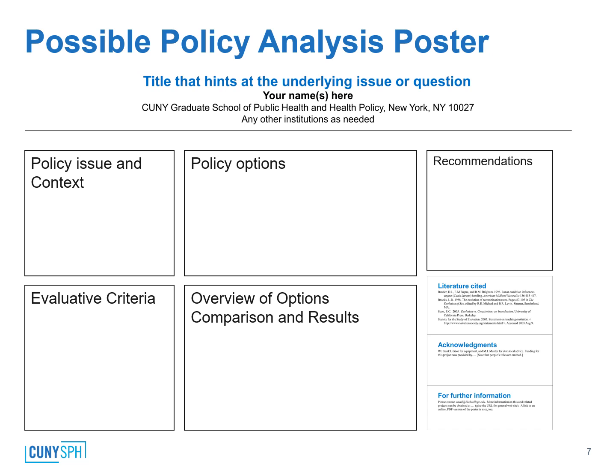Then you have policy options, where you summarize the different interventions or approaches that you considered. And below the context, you have your evaluative criteria, which should align with your policy analysis framework. Focus here on effectiveness, equity, feasibility, cost, and acceptability. The large central box then is where you will compare the options, and present your key results.